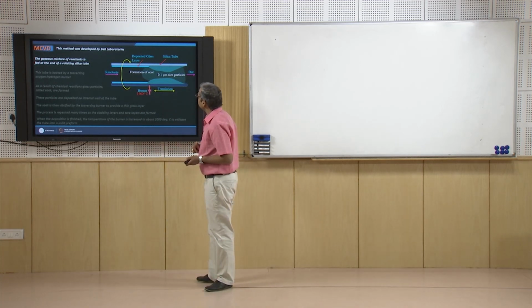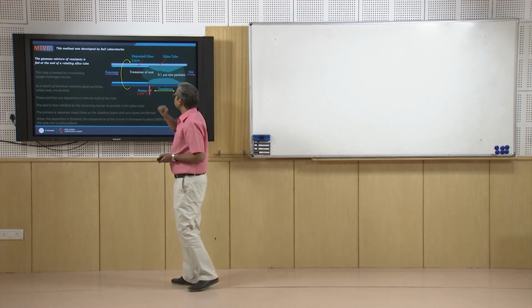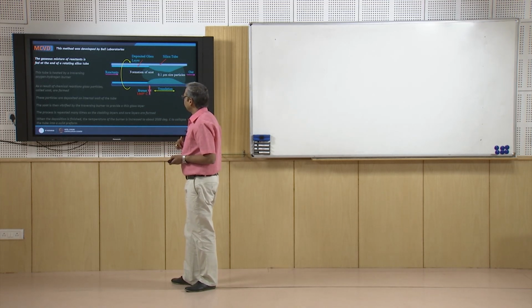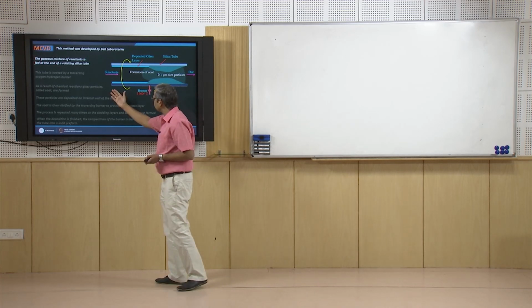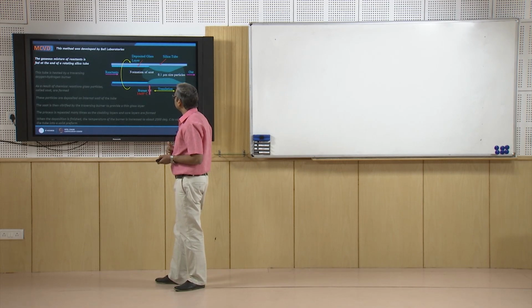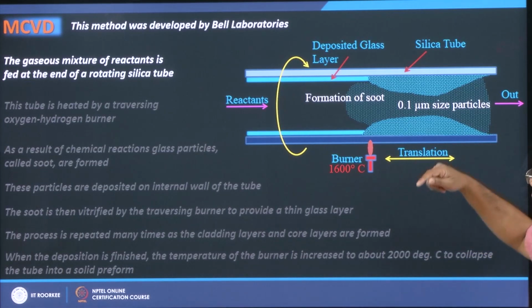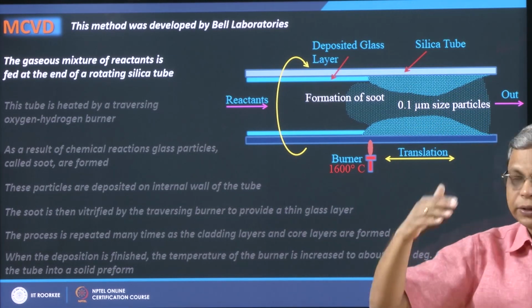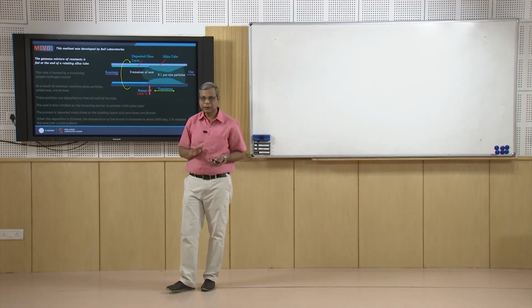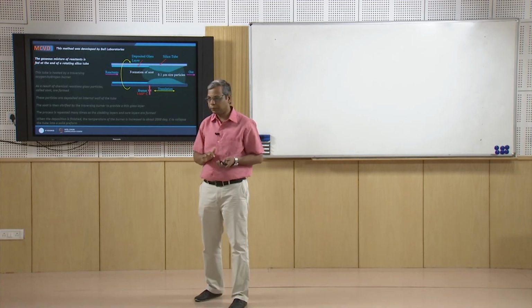How do you heat it up? Well, you use a burner which is kept at around 1600 degrees centigrade, and this burner translates in the horizontal direction, and simultaneously this tube is rotated. So the burner translates and the tube is rotated so that it can cover the whole surface area of this tube.